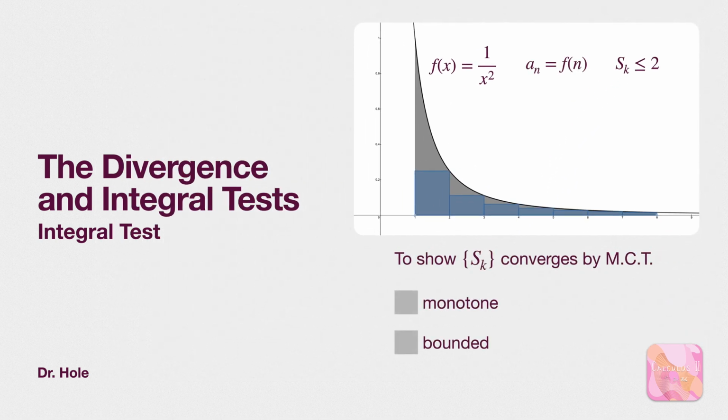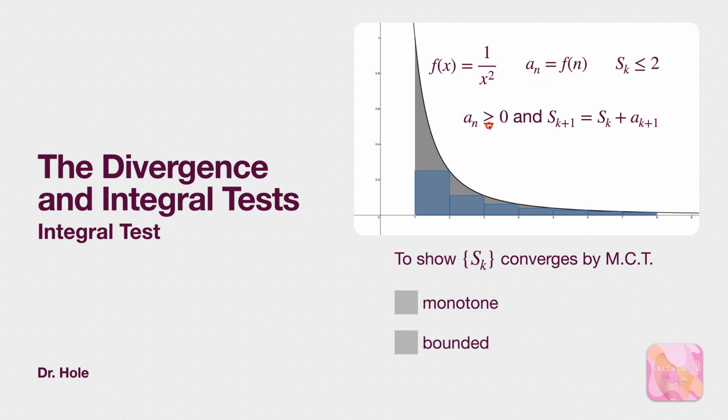So let's do that. To show that the sequence of partial sums converges by the monotone convergence theorem, we need two things. We need that it's monotone and we need that it's bounded. Well, we're taking a sequence which can be given by a function evaluated at integer values.